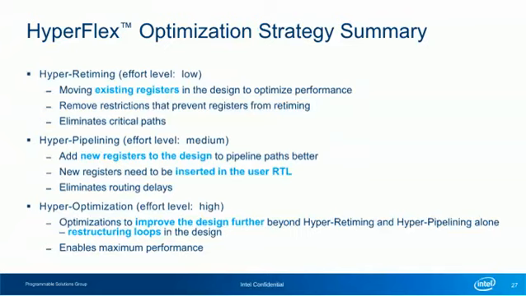Stage 3 is hyper-optimization. Hyper-optimization involves loop management or restructuring design loops to lessen or eliminate their negative impact on performance. Using hyper-optimization allows you to take your design beyond the effects of hyper-retiming and hyper-pipelining alone.